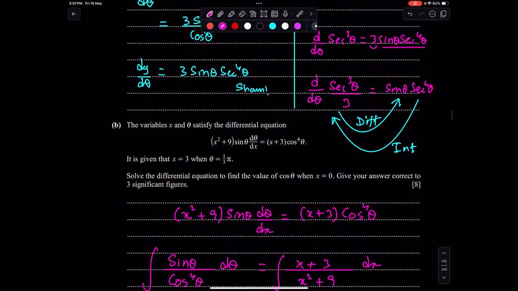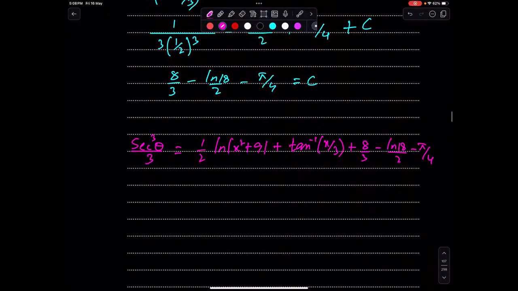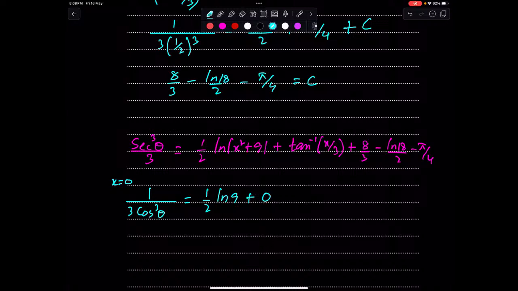The question is, solve the differential equation to find the value of cos theta when x is 0. Now substitute x equals 0 into this equation. So write this as 3 cos cube theta: half ln 9, because x is 0, tan inverse 0 is 0, plus 8 upon 3 minus half ln 18 minus pi by 4.